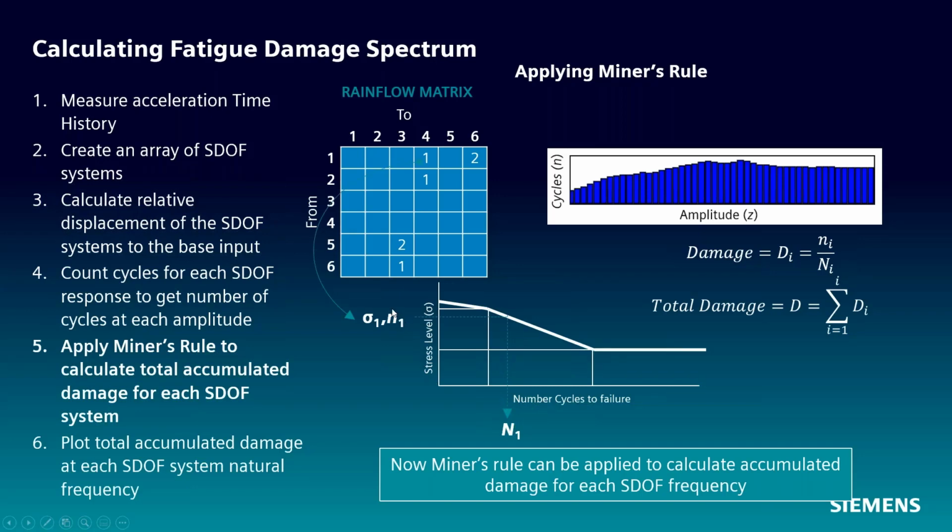So now we have the number of cycles at the stress level over the number of cycles to failure at the same stress level. And we keep doing that for each one of our entries in our histogram or rain flow matrix. And then we start summing those all together.